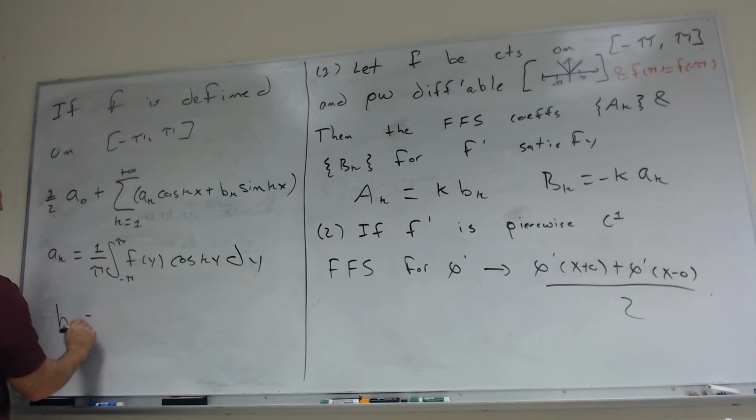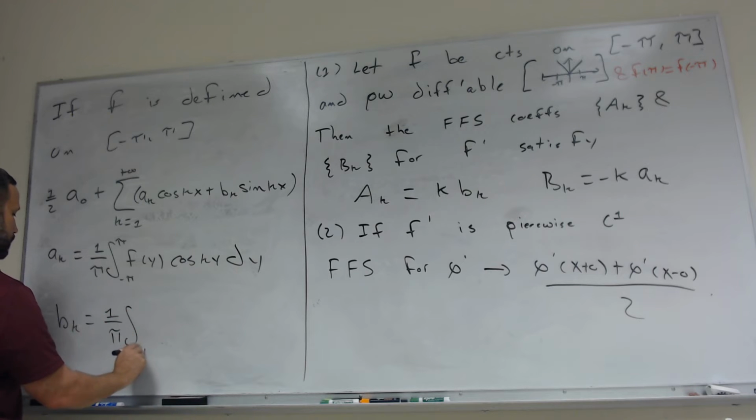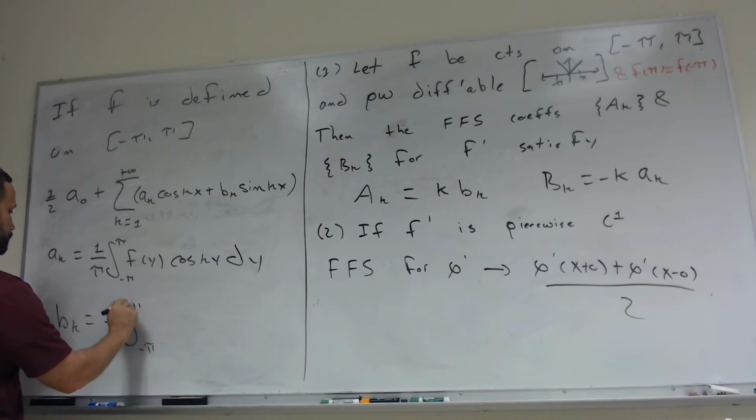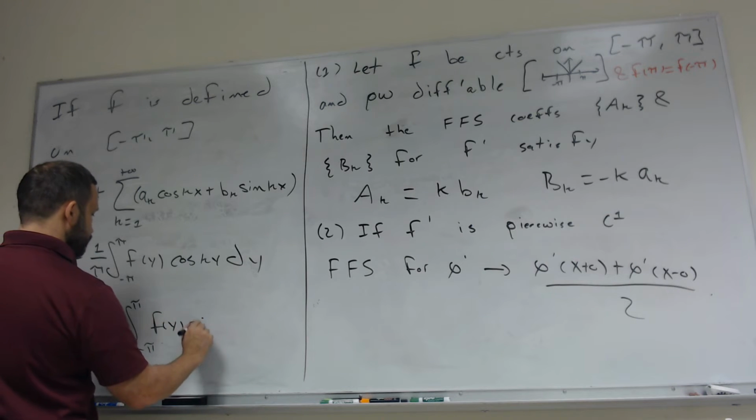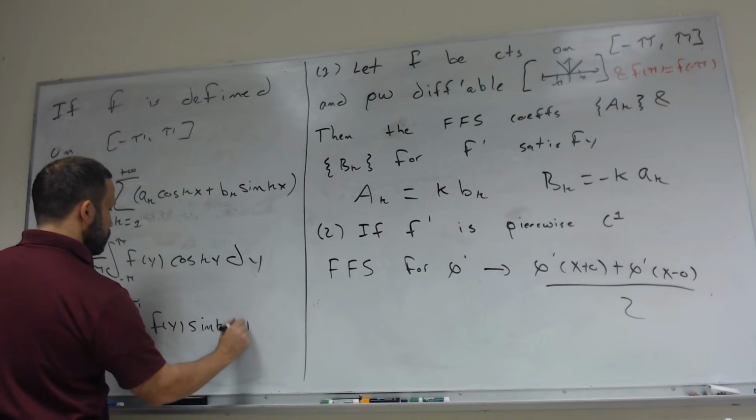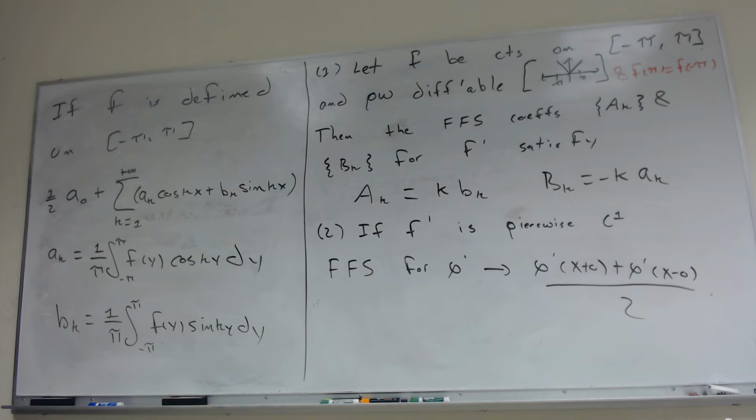And the bk coefficients are given by 1 over pi times the integral from minus pi to pi of f of y sine ky dy. Okay, now I can state the theorem over here.